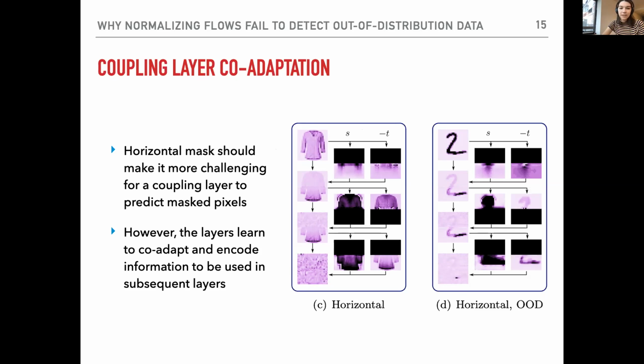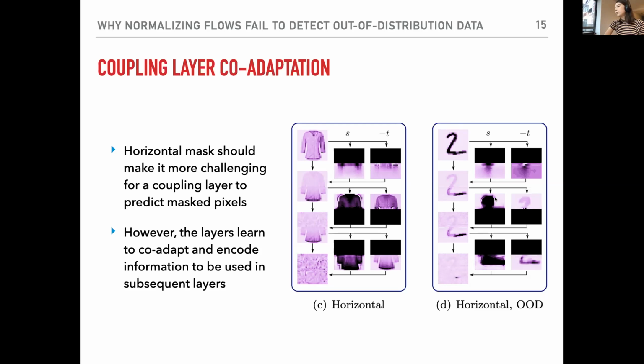But what we see in practice is quite remarkable. For the first coupling layer of this network, we can see that it is indeed struggling to predict the bottom half based on the top half, and the predictions are pretty much off for both out-of-distribution and in-distribution data.